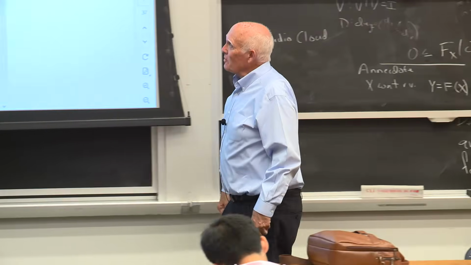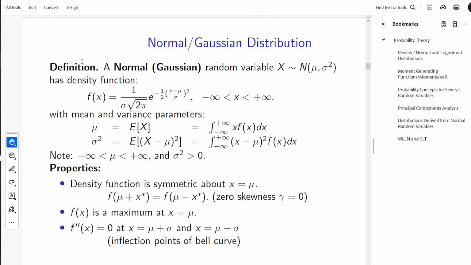The mean is mu, the variance is sigma squared, and the density function is symmetrical with a maximum at the mean, mu, and the points of inflection are at plus and minus sigma.